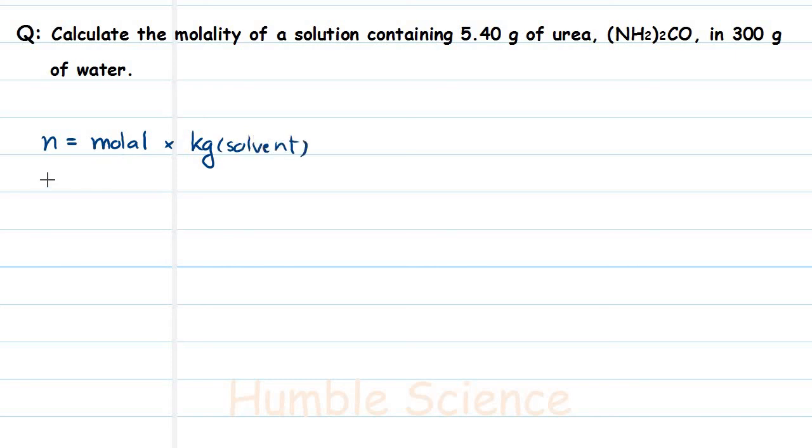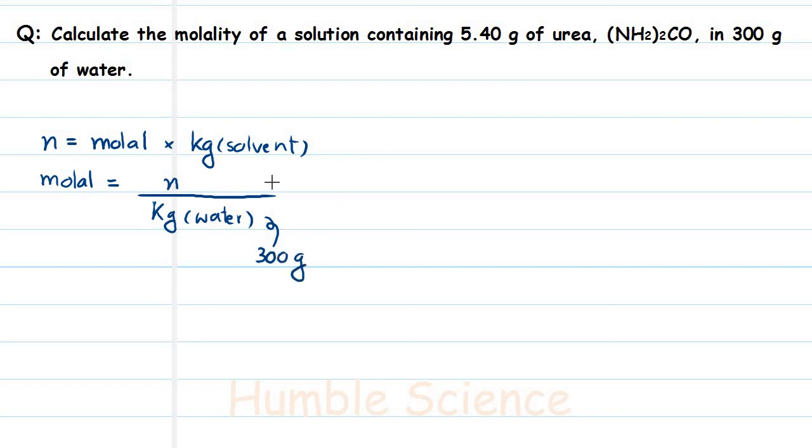Since they're looking for molal, it is going to be equal to n, which is mole, divided by kilograms of solvent, which is water in this case. We don't know n yet, but we know water. It gives us 300 grams.